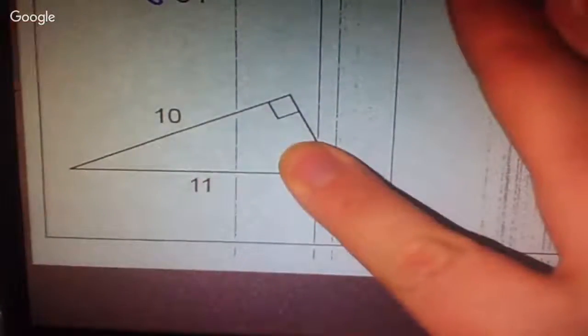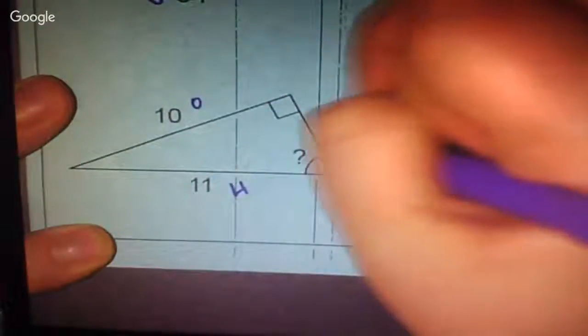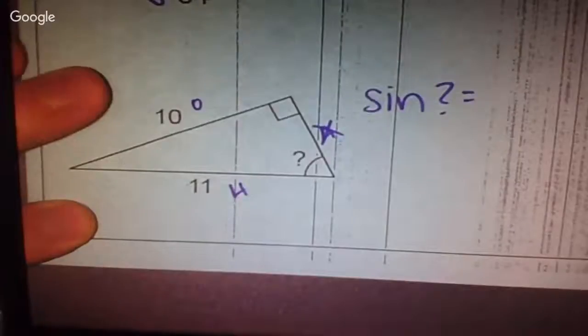Last one then. Which one's opposite? 10. Which means 11 is my hypotenuse. We're not using adjacent this time. So we're dealing with sine. So sine equals 10 over 11.